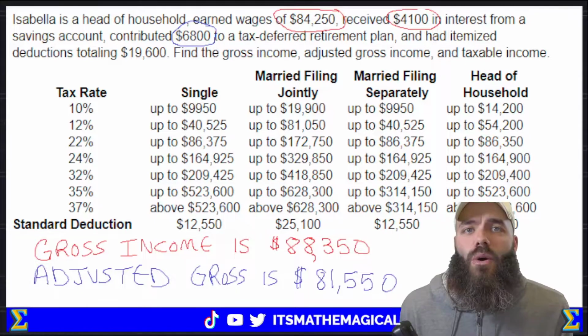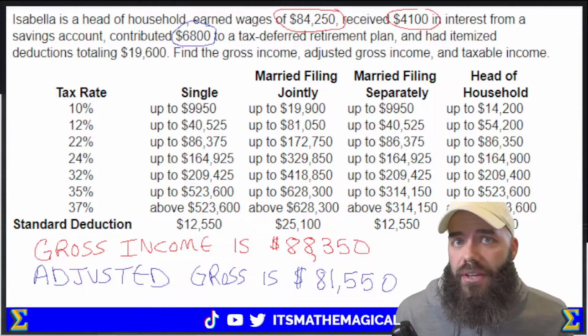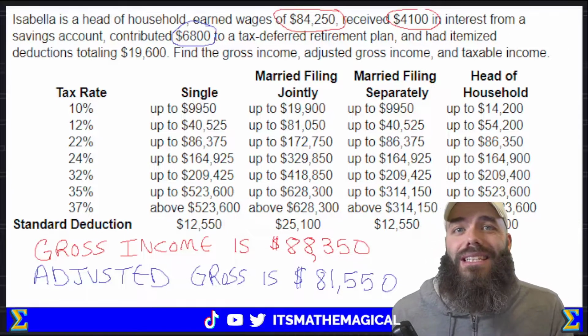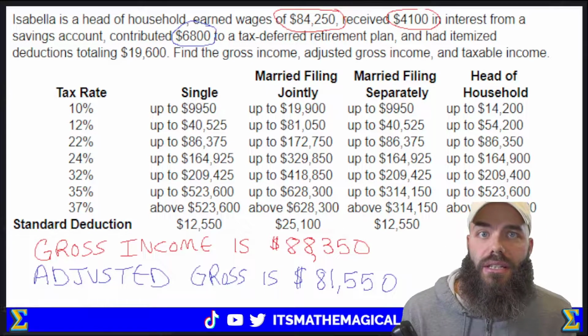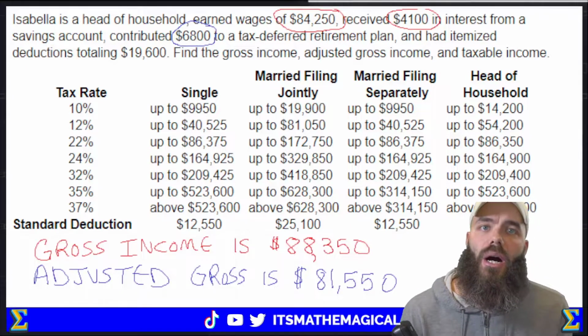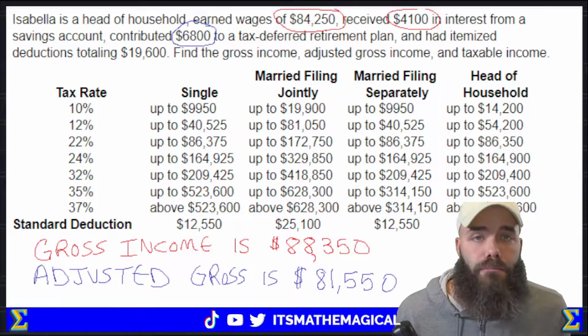What a taxable income is, it's your adjusted gross, so what we just found, the $81,550, minus any deductions. So you do have to be careful in calculating the deductions. Most people do take the standard deduction, but some people itemize deductions based off your particular situation.